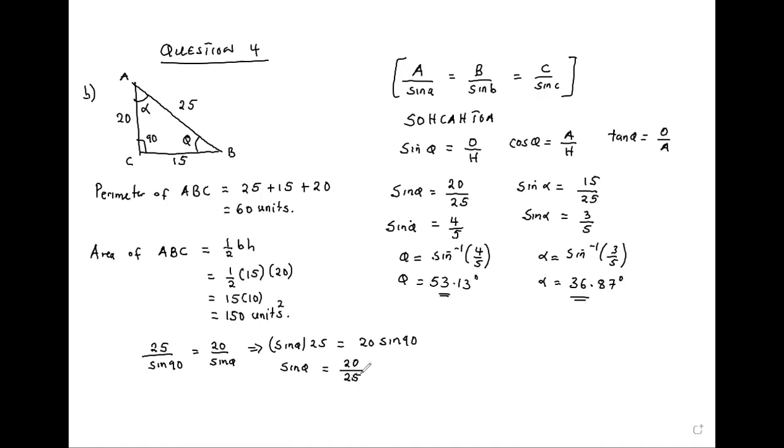So this is going to be 4 over 5. So theta will be sine inverse of 4 over 5. So it will land us here, because that is the only fixed angle that we have. So the same thing could work for alpha if you are using sine.